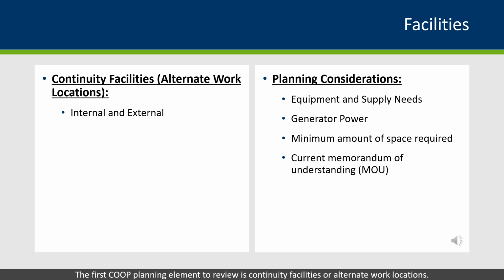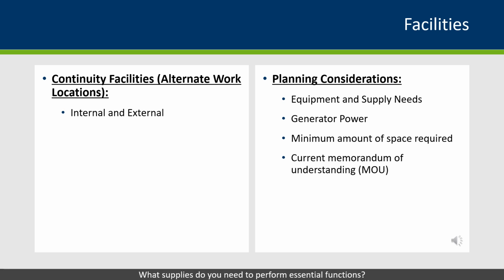The first COOP planning element to review is continuity facilities, or alternate work locations. Alternate work locations are locations from which leadership and critical positions may operate during a continuity event. Internal as well as external alternate work locations need to be documented. When working to identify these locations, try to answer the following questions.